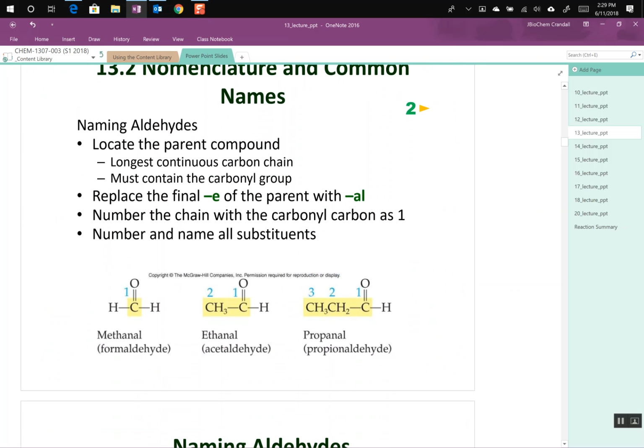Okay, aldehydes. So now, alcohols end with what? O-L. They're alcohols, so they're OLs.